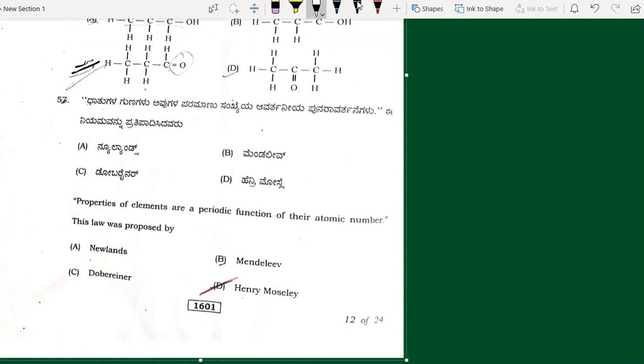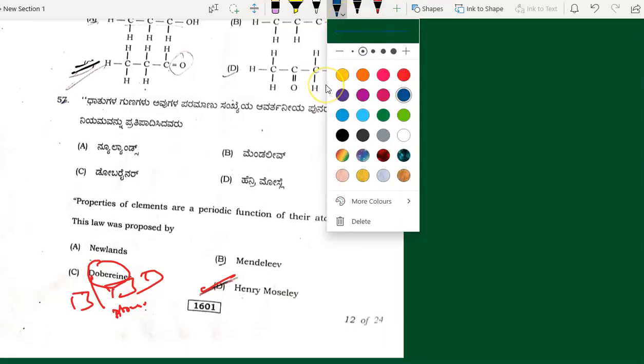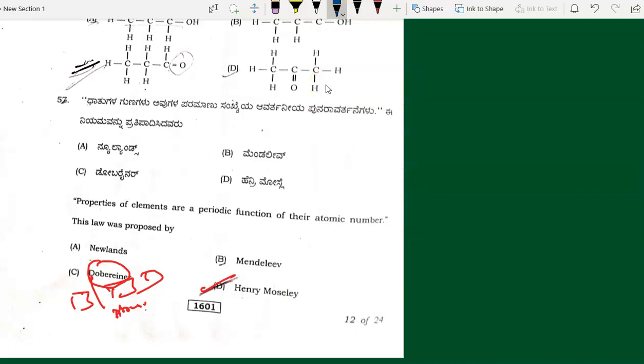Then one more question is there. The properties of elements are periodic functions of their atomic number. Yes, this is the modern periodic law, said by Henry Moseley. Dobereiner's law of triads was based on atomic mass, and Newlands also based his on atomic mass.